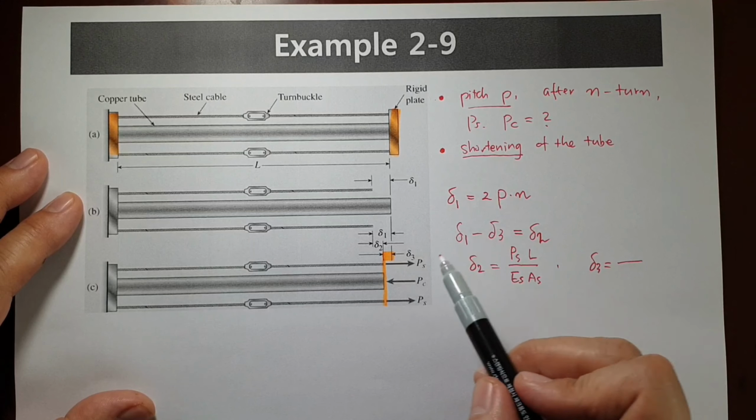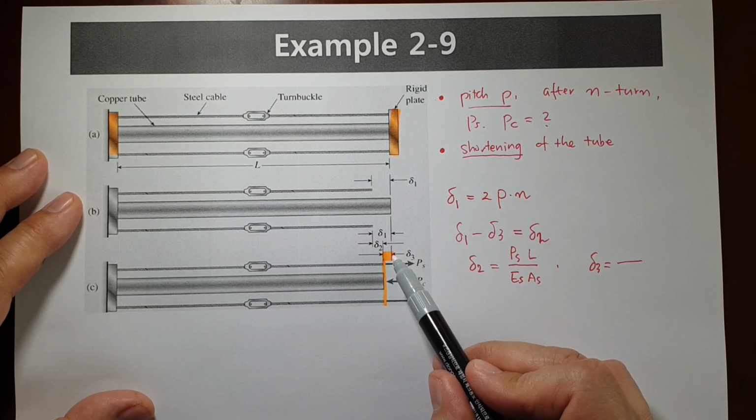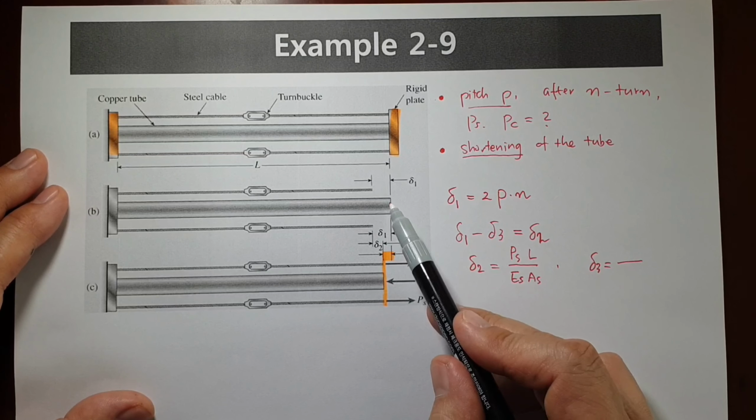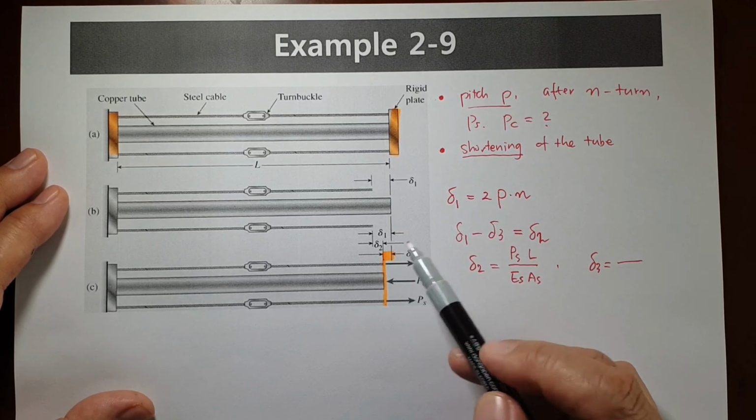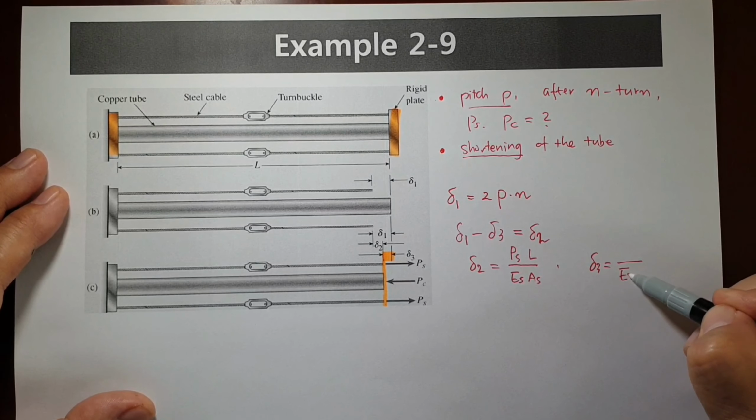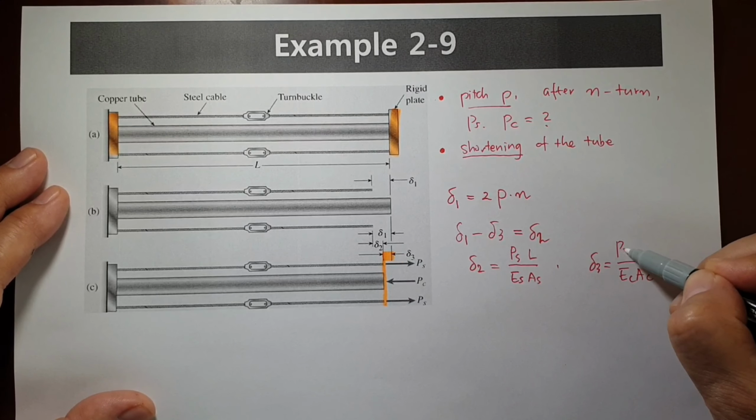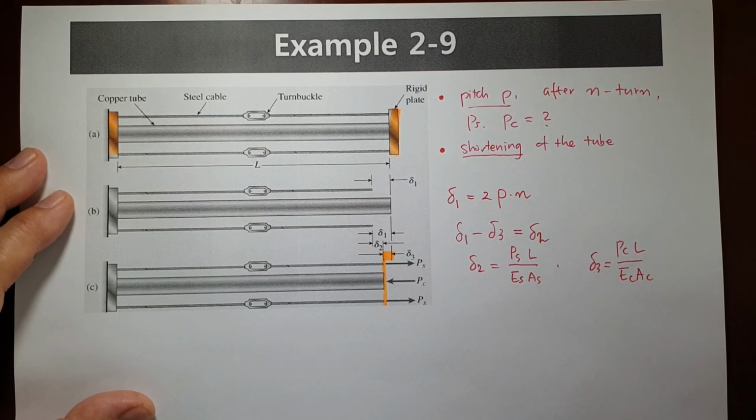Delta 3 is this amount, the contraction that happened from the original place, and for copper, P_C L over E_C A_C. Okay, you can derive this.